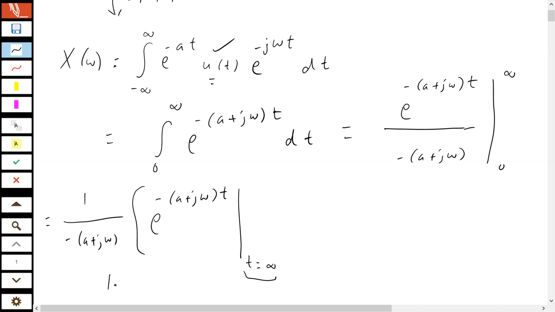I don't want to write the limit as t approaches infinity, so think of this as a shortcut for the limit. Which of these limits is straightforward to compute?